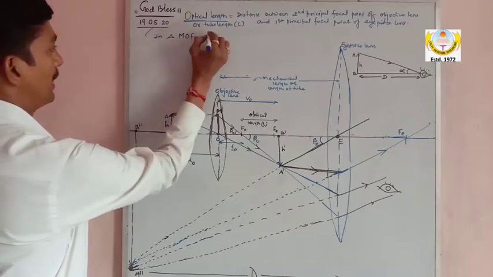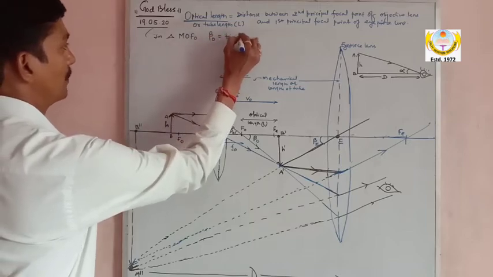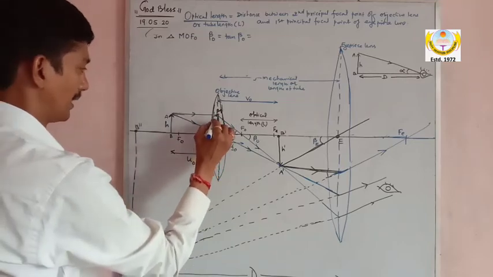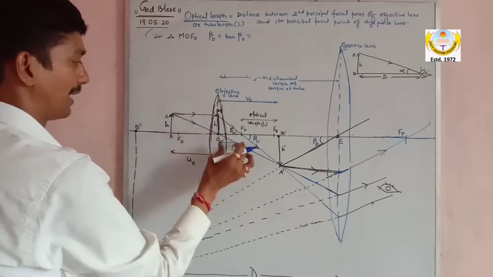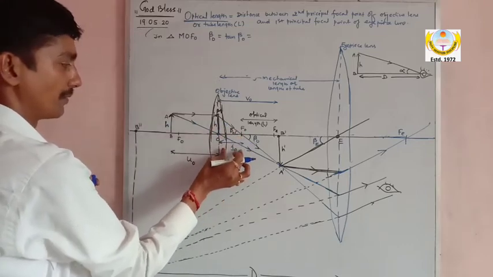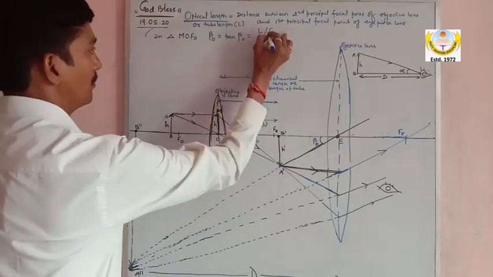If I find, my dear, beta O, so tan beta O will be nothing but, you can see, it is H, because this and this are the same, so it is H, and here you can see FO. So this is H by FO.